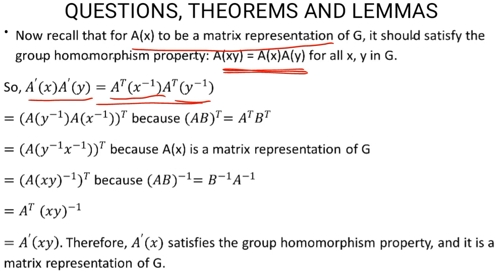Okay, so now back to the solution. We want to show that it satisfies the condition of a matrix representation. So A prime x, A prime y: we know A prime x is A transpose of x inverse, and we know that A prime y is A transpose of y inverse. Agreed? Now, because the transpose of a product is the same as taking the individual transposes, the transpose of AX inverse is the same thing.